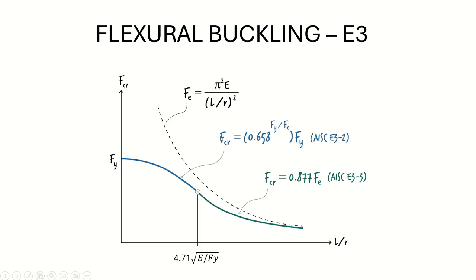If we look at this picture, you can see that both equations are considered to take into account both behaviors, and the limit of slenderness is this value here, which represents the pass from the elastic to the plastic behavior. That is the reason the code is using two equations. Okay, I hope it's clear.